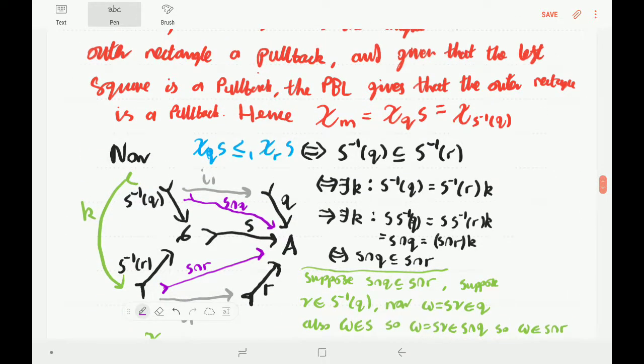So how can we see this then? Well, s to the minus 1 of q is contained in s to the minus 1 of r. That means there exists a k such that s to the minus 1 of q is s to the minus 1 of r after k, as is shown over here.